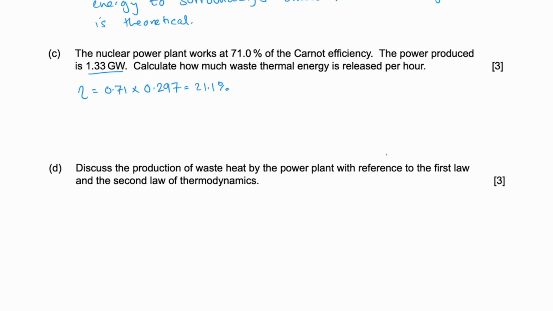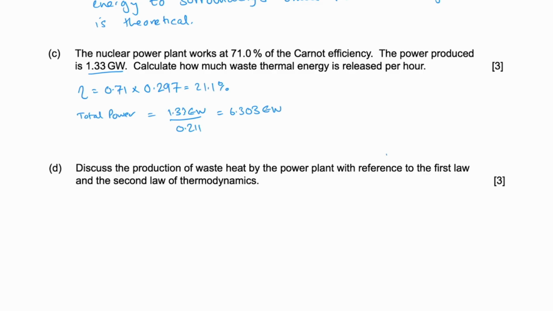Next thing we want to do is work out the total power generated by the power plant. So the total power is equal to 1.33 gigawatts divided by 0.211, which gives us a value of 6.303 gigawatts.